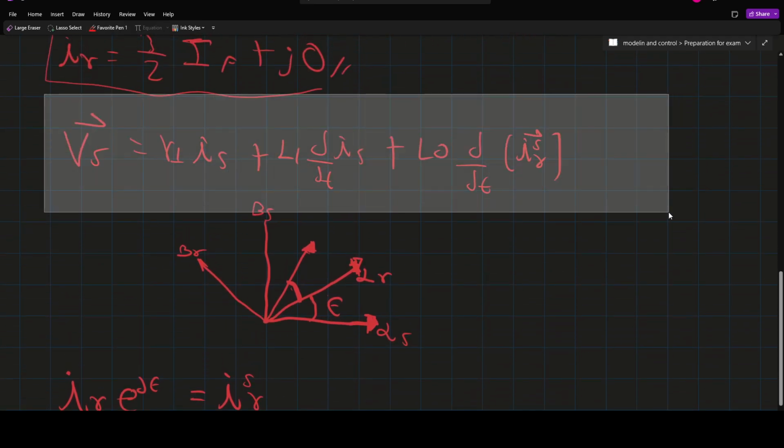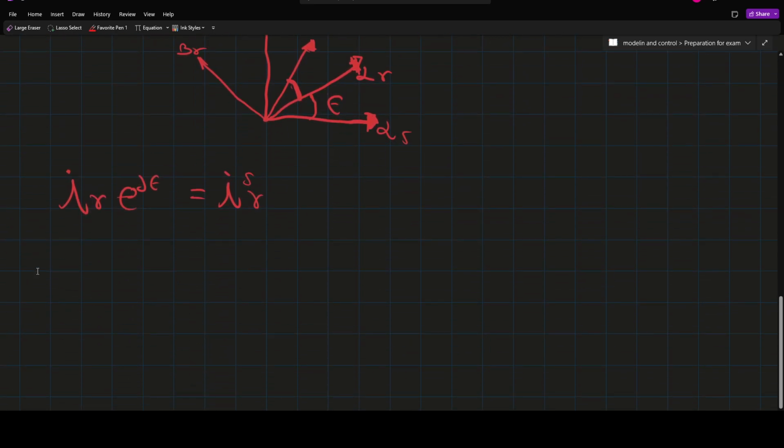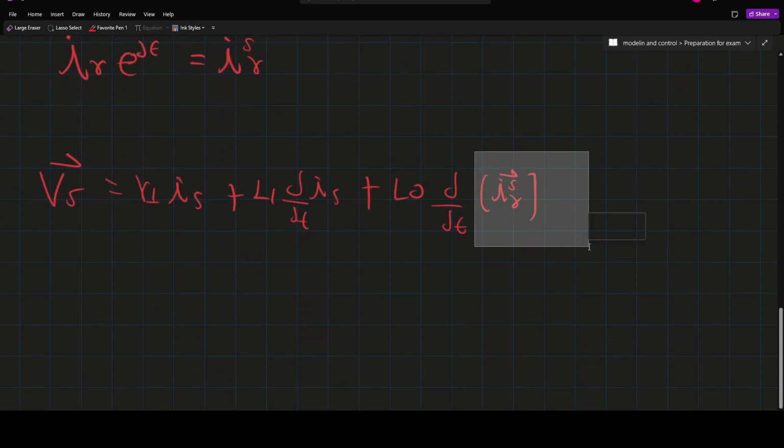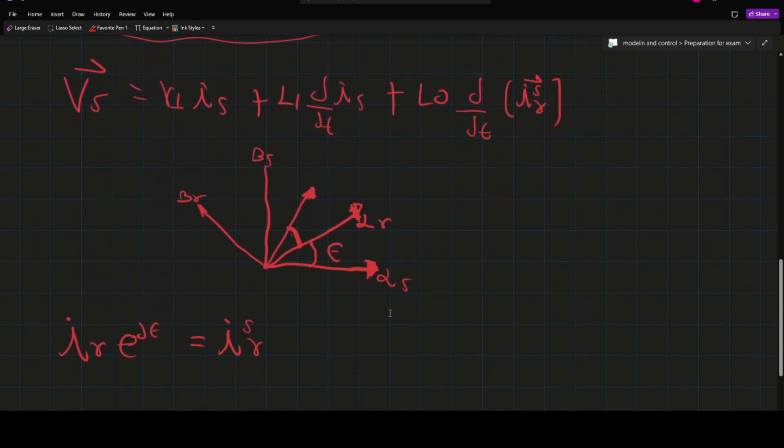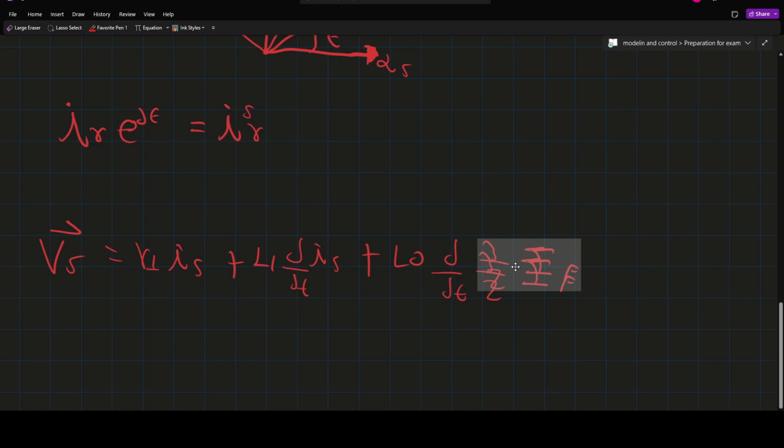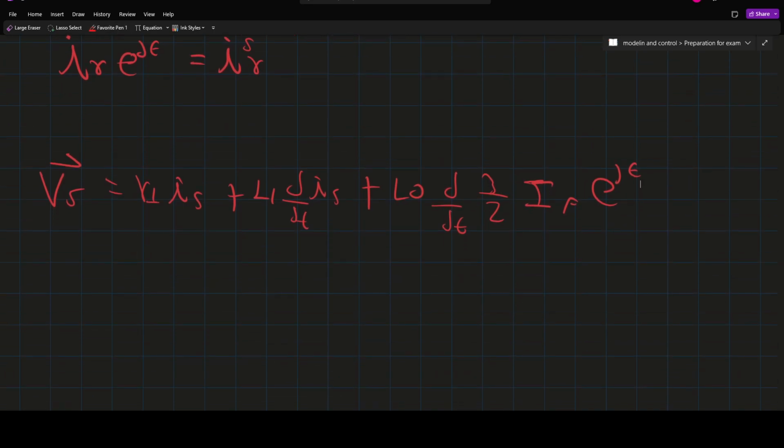So applying this, we are going to have the 3/2 IF, that is our IR, multiplying it by e to the j epsilon.